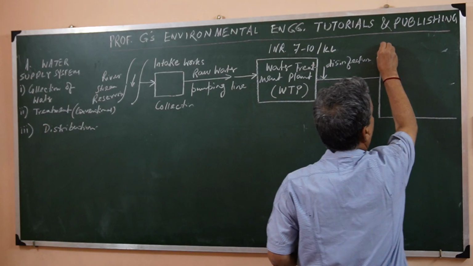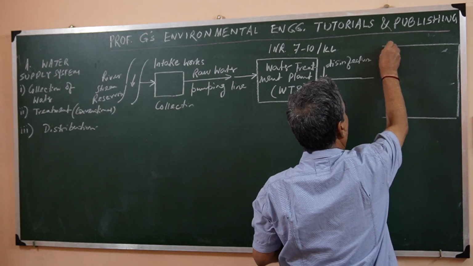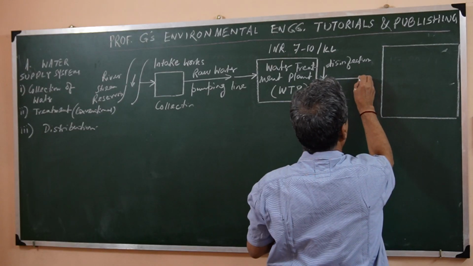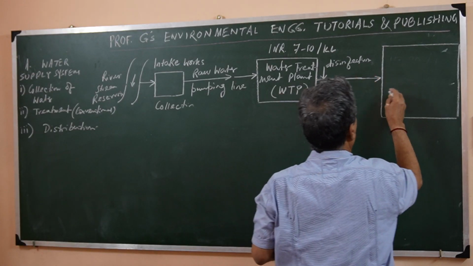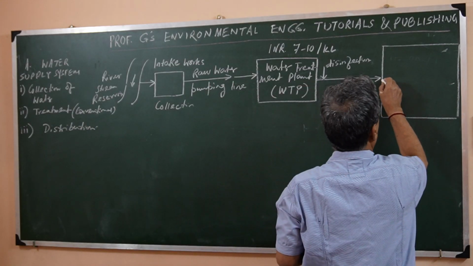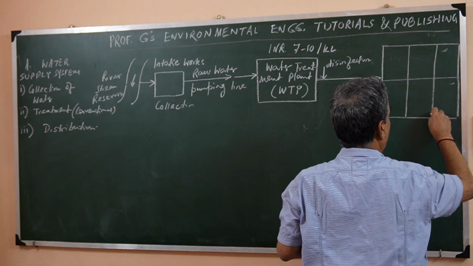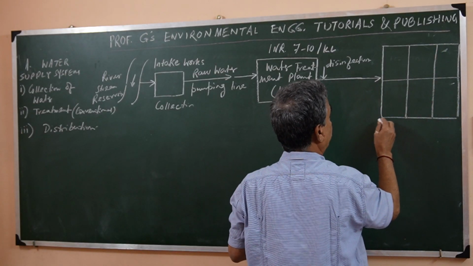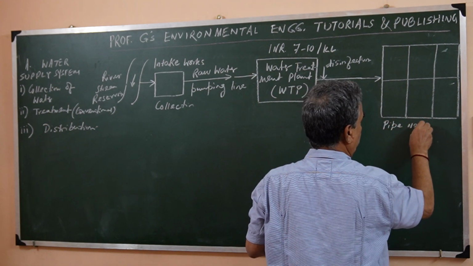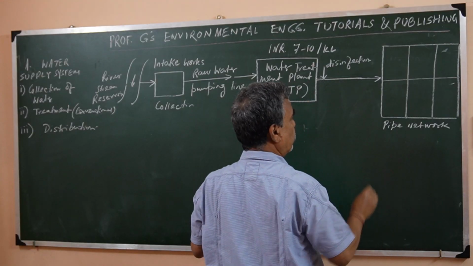This is going to the consumers, that network, means pipe network. This is maybe just a typical system I am giving you so that you can understand. So this is the distribution system, the pipe network for distribution.